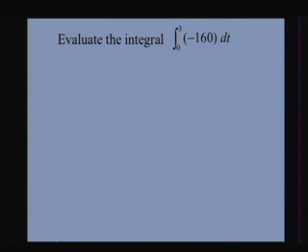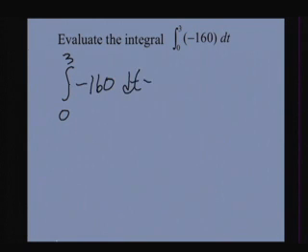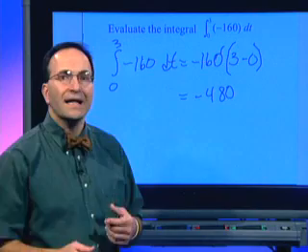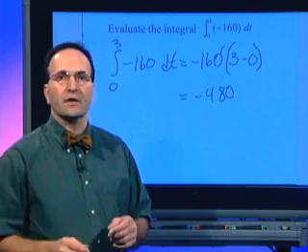And so we use the formula that we just looked at, which tells us that the integral from 0 to 3 of negative 160 dt is equal to the constant negative 160, times the difference in the interval, b minus a, which is 3 minus 0, so that's equal to negative 480. And so that's how we can use that formula to find the definite integral of a constant.